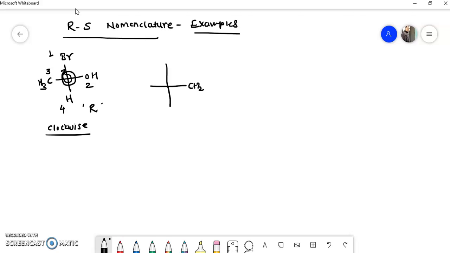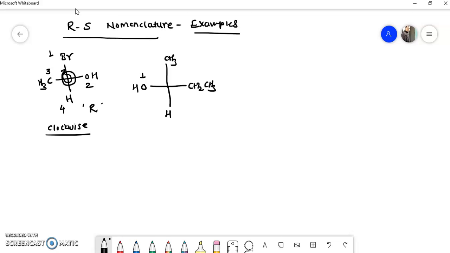Suppose here is a CH2CH3, here is a CH3, here is an OH, and here is a hydrogen. Now if you compare these four groups, oxygen will have the highest priority, so give number 1 to oxygen. Now the second number goes to this carbon or this carbon, which we have to decide from the rules of this nomenclature.